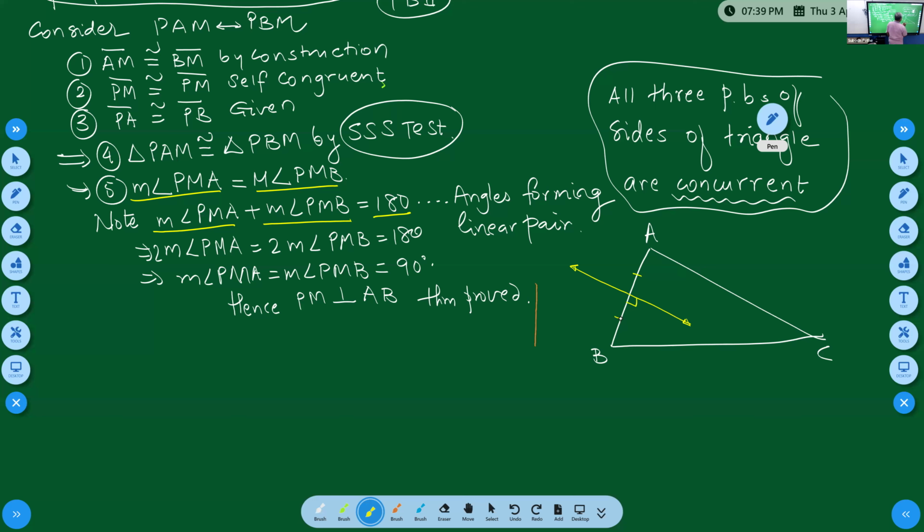Then we draw the perpendicular bisector of AC, because two lines are always going to intersect. This is also 90 degrees and this is equal. So let us give the name P to this point.